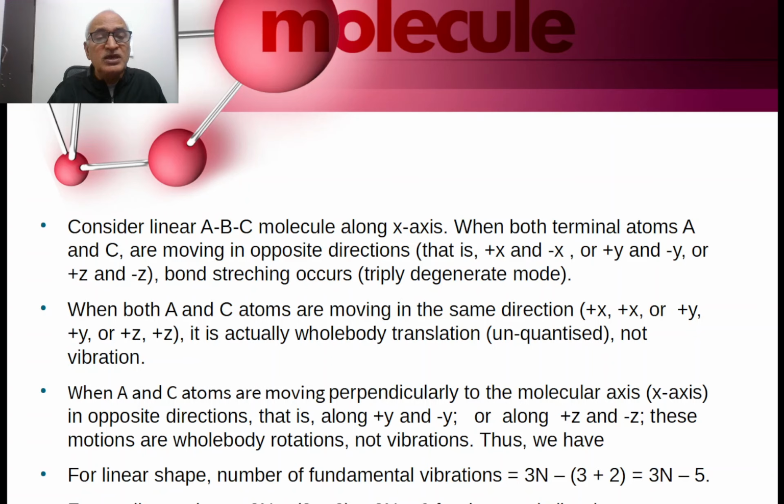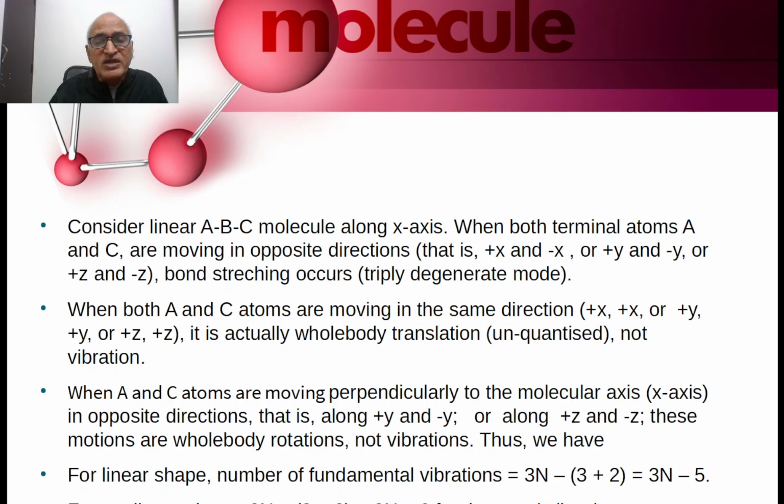Now, suppose A and C atoms, which are terminal atoms, are moving perpendicularly to the molecular axis in opposite directions. Suppose A is going along plus y and C is going along minus y, or along plus z and minus z. These motions are whole body rotations, not vibrations, because neither the bond length is changing nor the bond angle is changing.